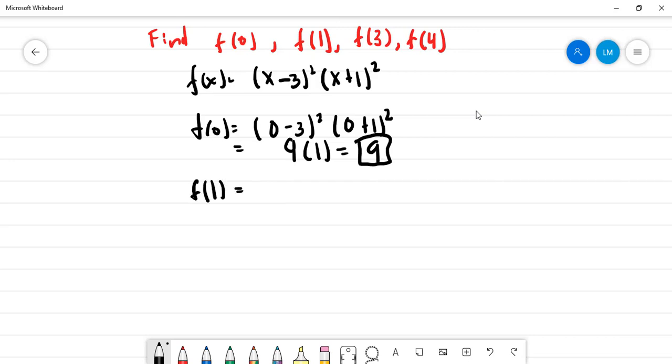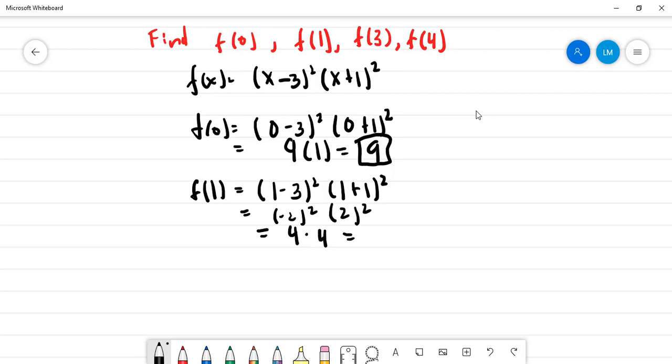Well, that is going to be 1 minus 3 squared multiplied by 1 plus 1 squared, and that's going to give us negative 2 squared times 2 squared, which is 4 times 4, which gives us 16.